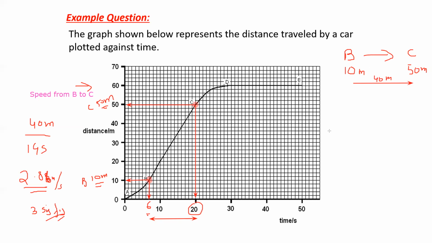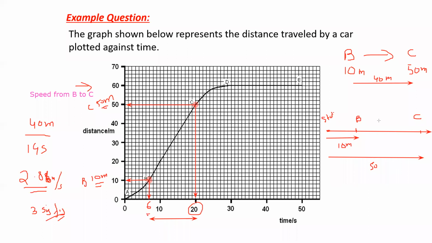So from the starting point, if this was the starting point, there is point B and then point C is there. Point B is 10 meters apart from the starting point, and from the starting point, point C is 50 meters apart. So what is the distance from B to C?